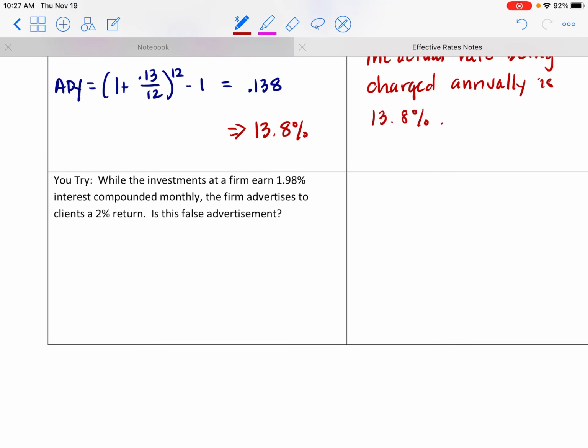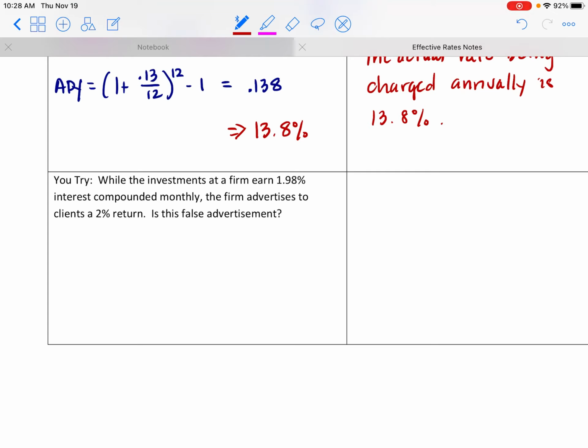All right, last one. Again, the calculation, fairly simple, just so we understand the different scenarios in which this sort of happens here. It says, while the investments at a firm earn 1.98% interest compounded monthly, the firm advertises to clients a 2% return. So their investments earn 1.98% interest compounded monthly, but they're telling clients that they're getting a 2% return.